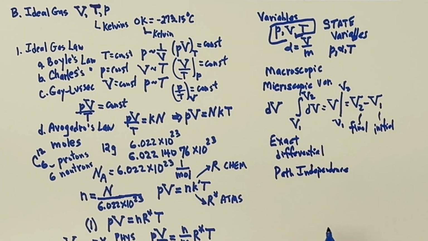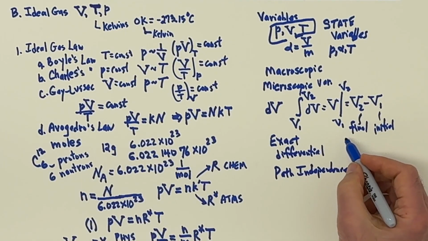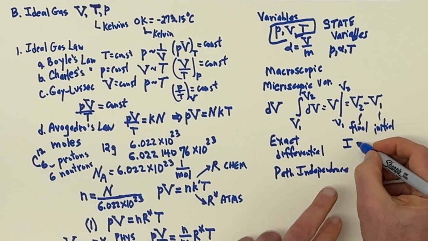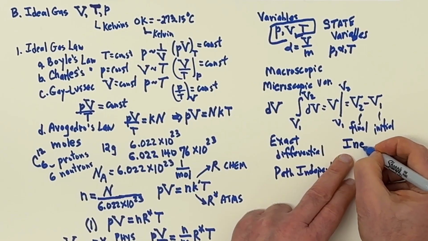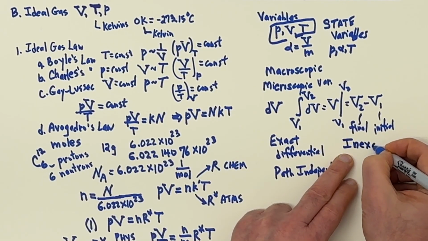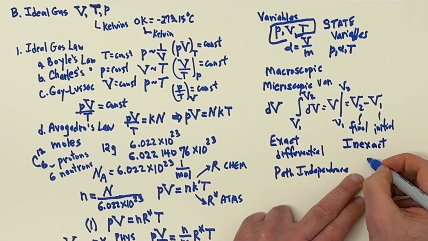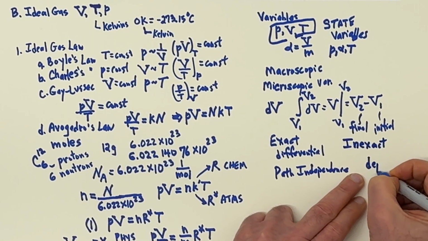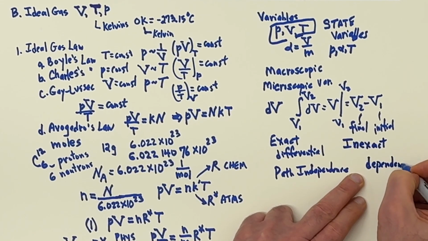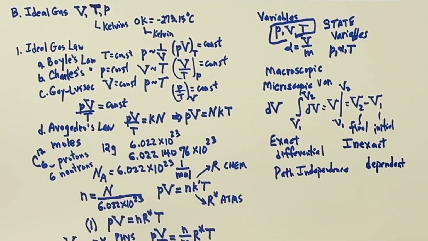So it doesn't matter how you go, or you can go directly to volume 2. Or you can go quickly to volume 2, or you can go slowly to volume 2. It doesn't matter. And then we'll see in our course, we have things like heat and work that are inexact differentials, and they're going to be path dependent. So this is a little preview of things to come, so some definitions. So that includes our chapter B on the ideal gas.